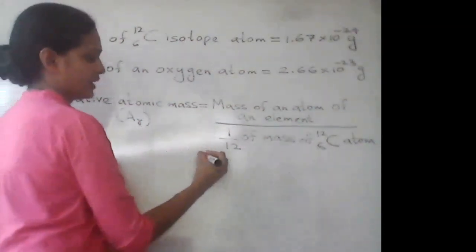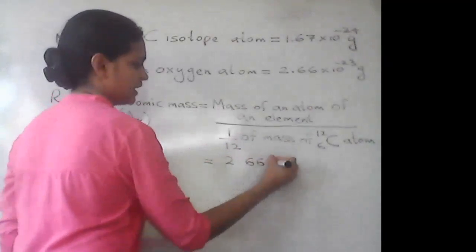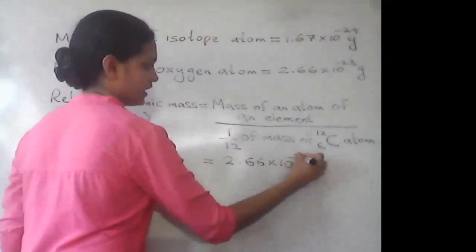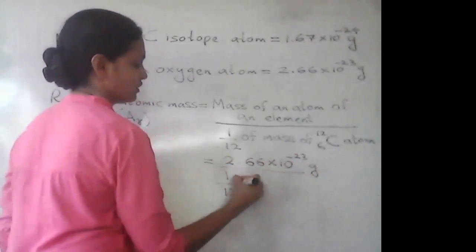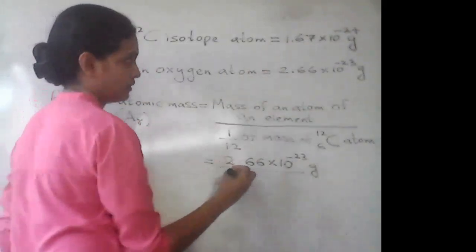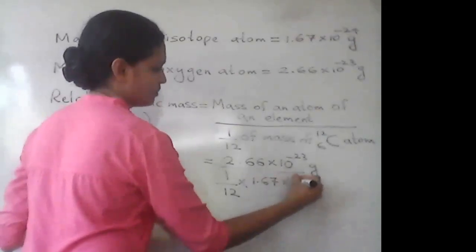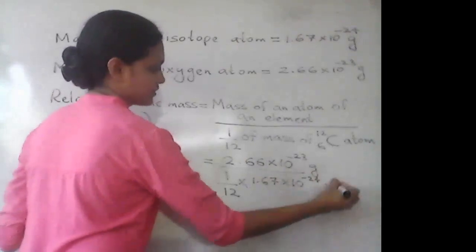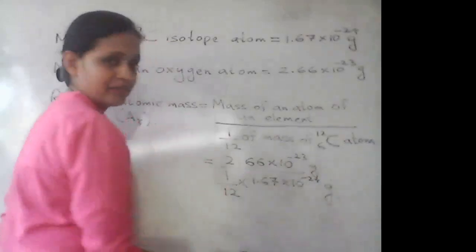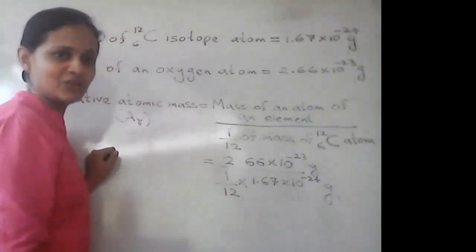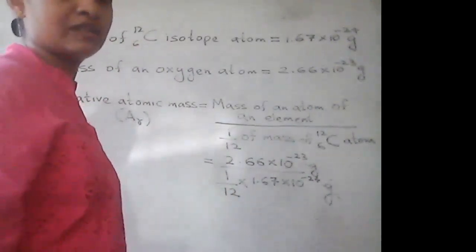So in our example, I will write the mass of the oxygen atom here, 2.66 into 10 to the power minus 23 grams, divided by 1/12 of the mass of the carbon-12 isotope atom, that is 1.67 into 10 to the power minus 24 grams. By looking at this equation, it is clear that relative atomic mass does not have any units.